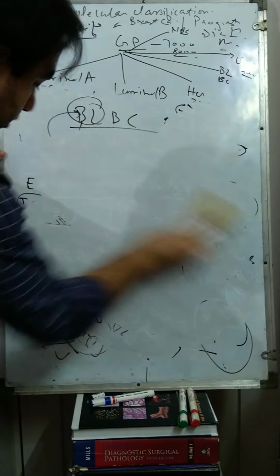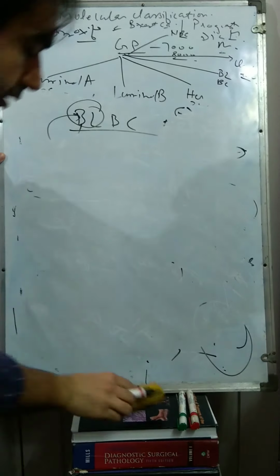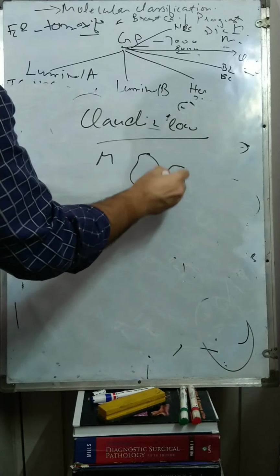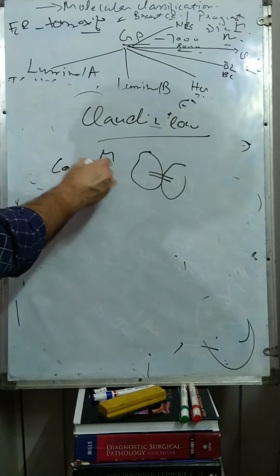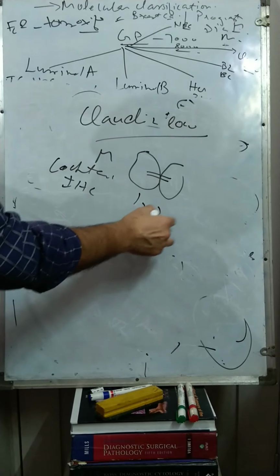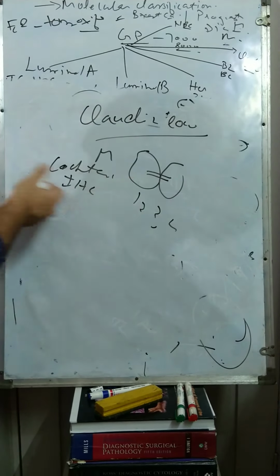Now coming to the other two categories. Claudin low. Claudin is a membranous marker between the cells, a junction marker. A cocktail of Claudin 1, 3, 4 is available for IHC.